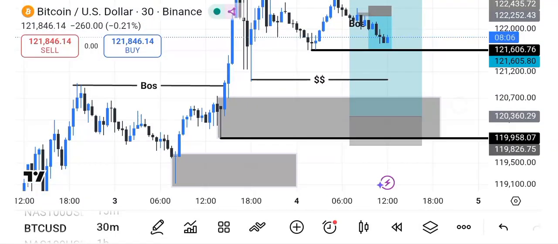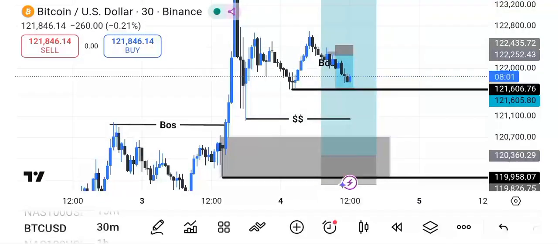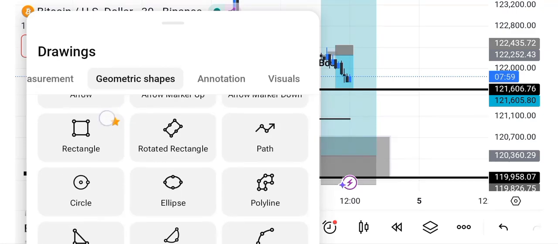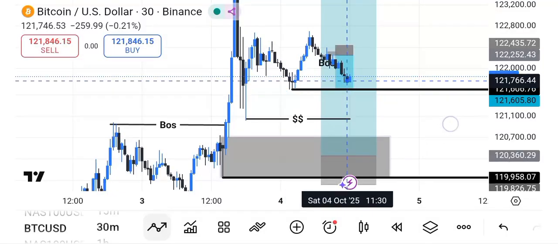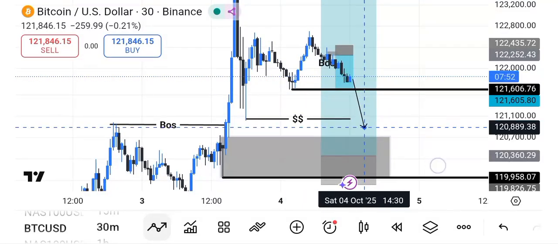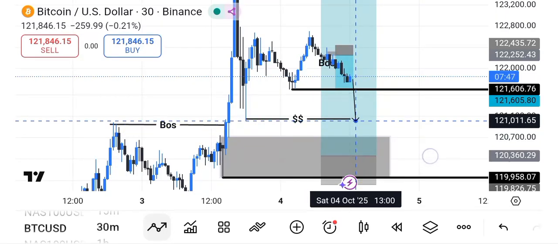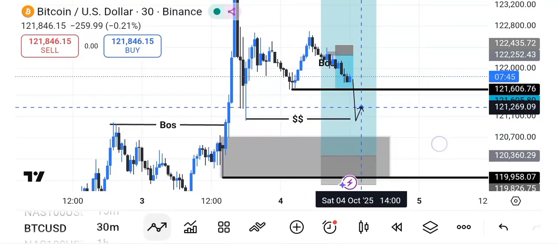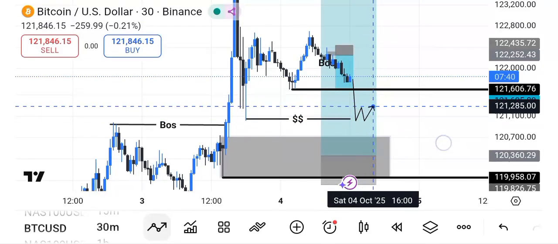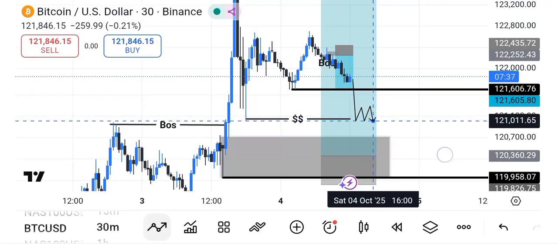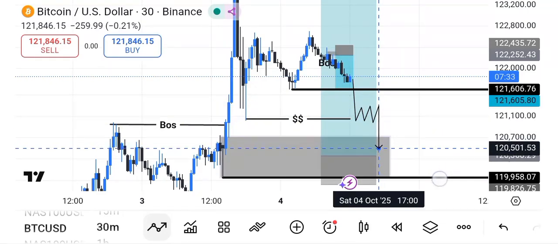Price is going to break past it and then come down to this zone. We're going to be seeing something like this. Price will come down to this zone, maybe stay here and consolidate a little bit, and then maybe push down to this zone.